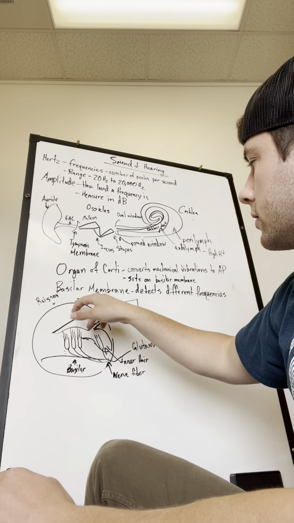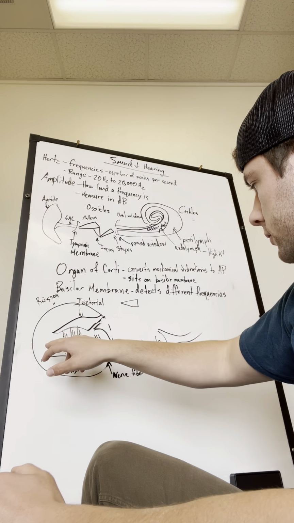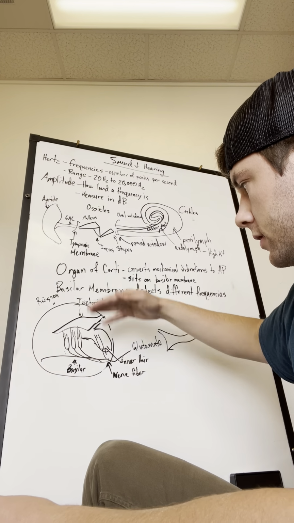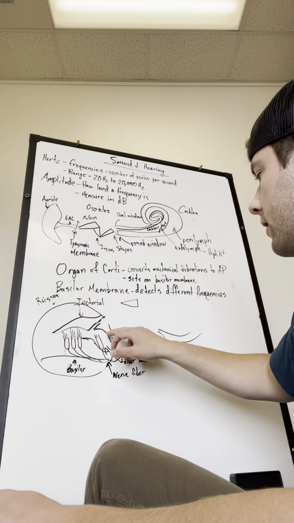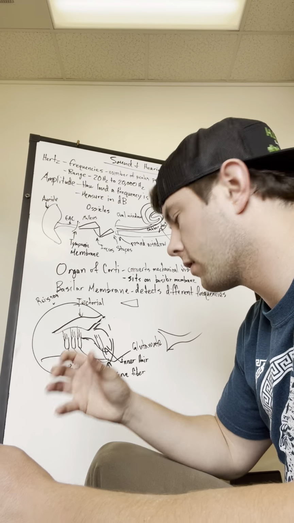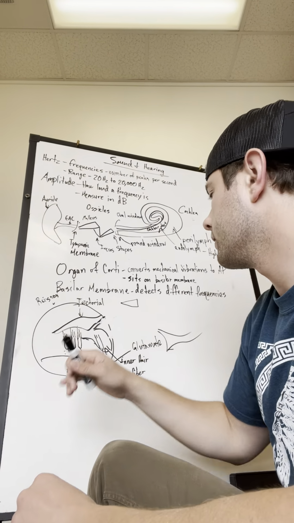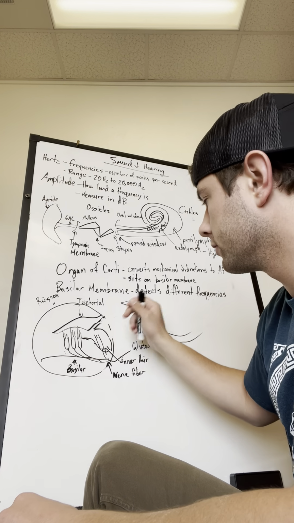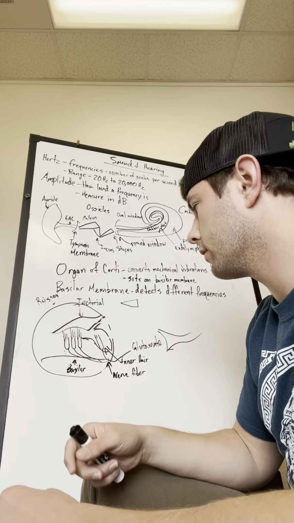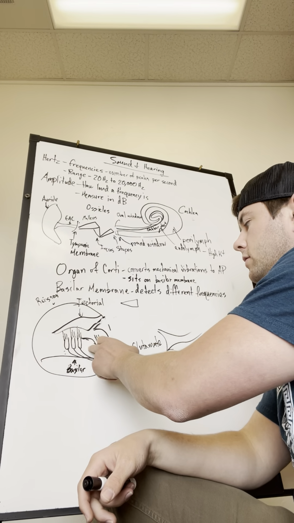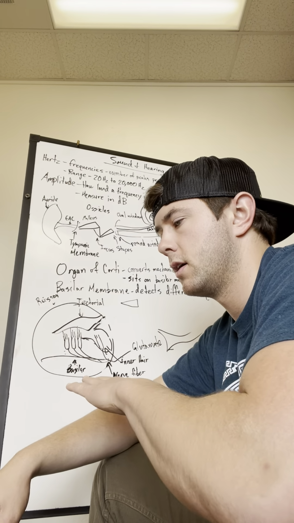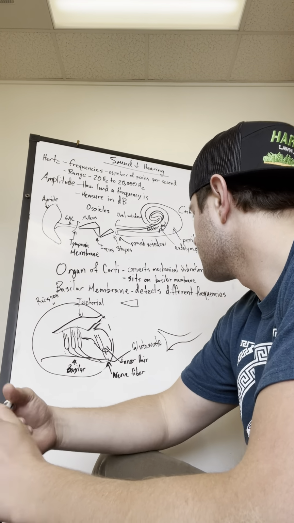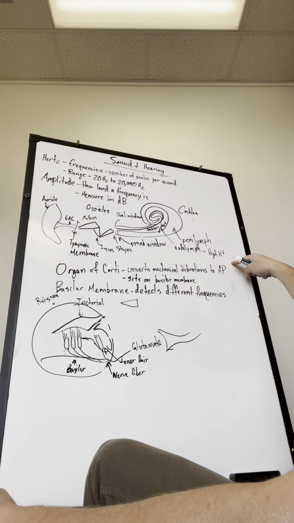And that will cause a lot of this fluid to flow in and out because we're pumping this tectorial membrane, and that will hit the inner hair cell, and that will also cause potassium to flow into the inner hair cell as well. So between your outer hair cells and your inner hair cells, you can have action potentials going through them, simply because we're depolarizing it with potassium.